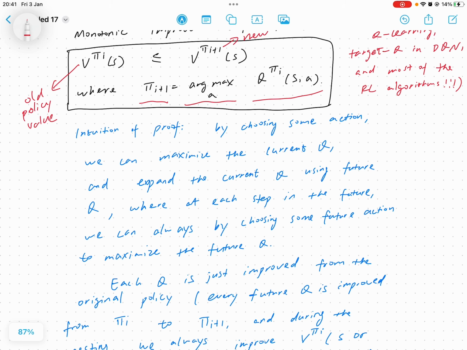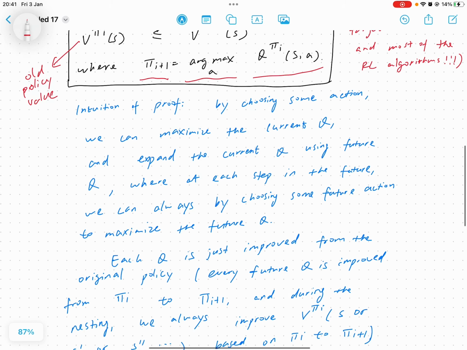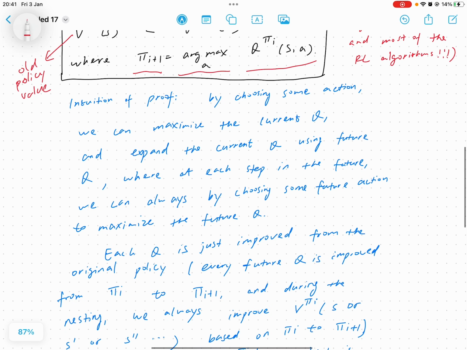At each time step in the future, we can always choose this argmax, by choosing some A, A prime or A double prime, to maximize this future Q. So we don't have to worry about the future.